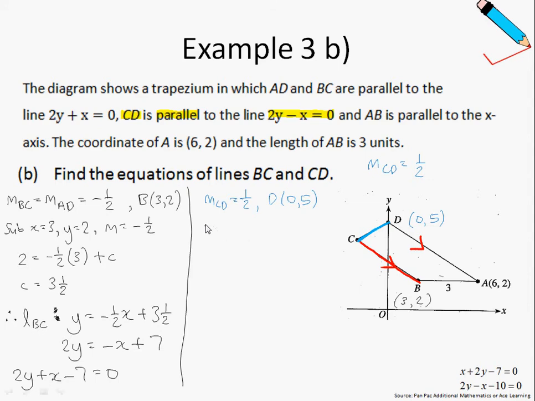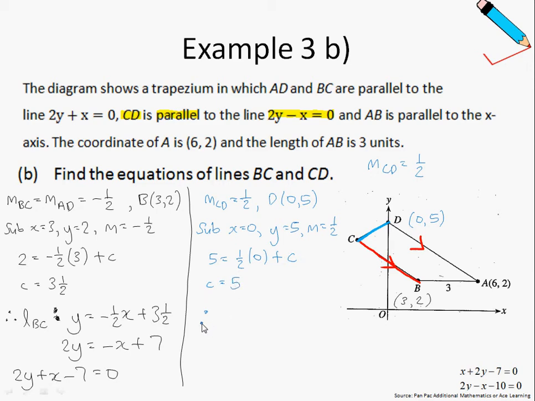If I sub x equals 0, y equals 5, and m equals half into y equals mx plus c, and c is just 5.